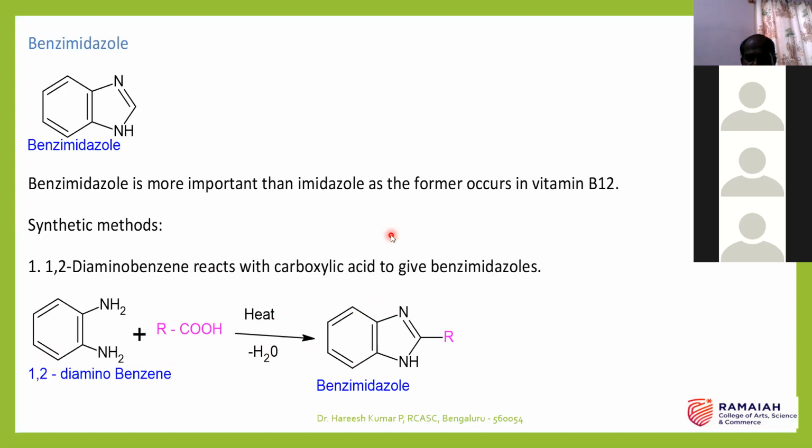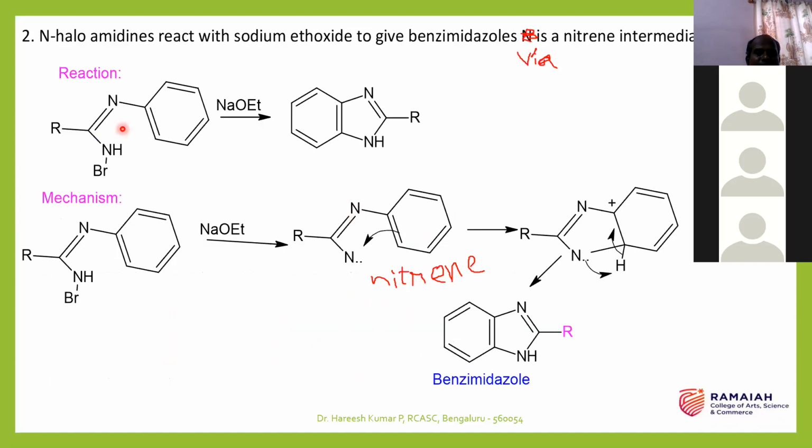So I will take the next slide. Okay, now it will come. Here you need to remember that the functional group C=N-NH2 is called the amidine functional group.